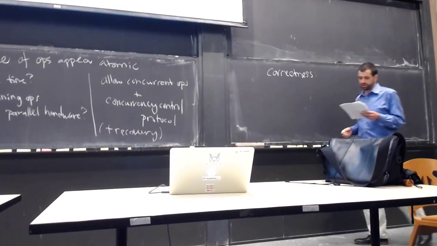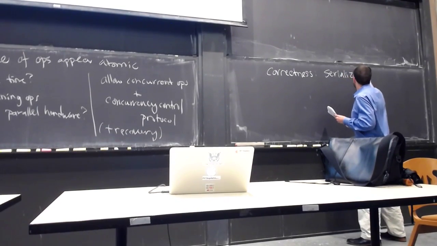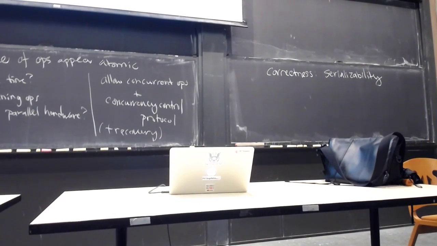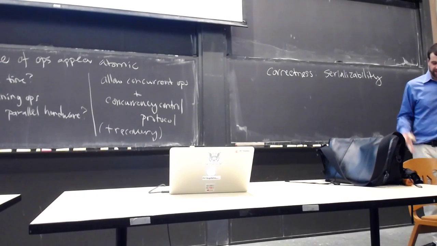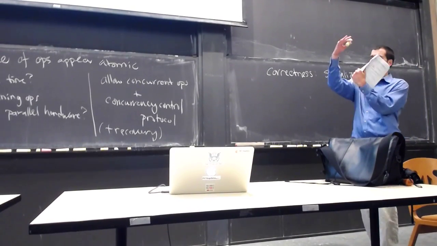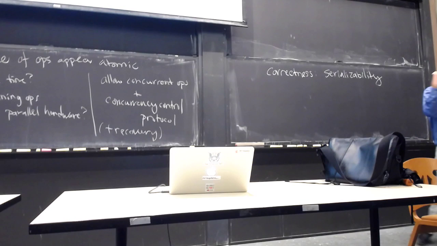The correctness criteria that we're going to have is what we call serializability. We're going to define a couple of different types of serializability, but the intuition is that when we run these things in some interleaved fashion, we want the result to be as though we had run them in some serial order. By serial order, I mean we ran all of transaction A, followed by all of B, followed by all of C. We're not actually going to run them that way, but the outcome should be as though we did.